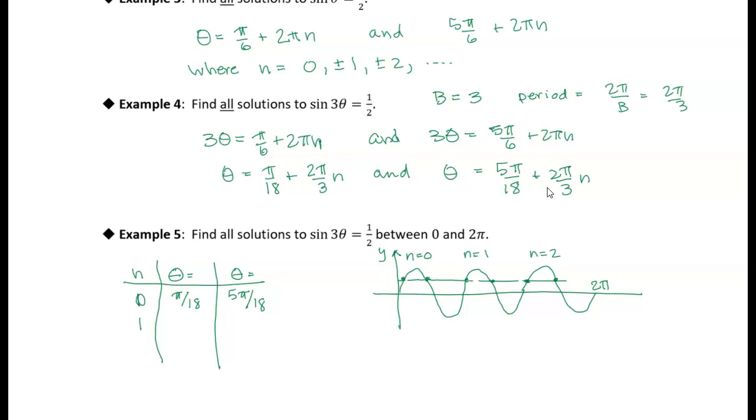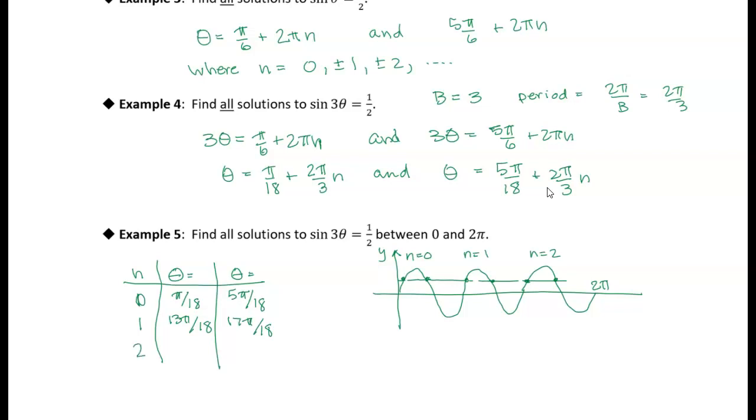Okay, for n equals 1, I'm just going to add 2 pi over 3 to the pi over 18. Now that's 12 pi over 18. So I'm going to add 12 pi over 18, so it becomes 13 pi over 18. Okay. Same way over here, I'm going to add 12 pi over 18, so I end up with 17 pi over 18.